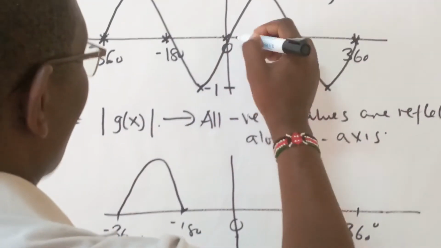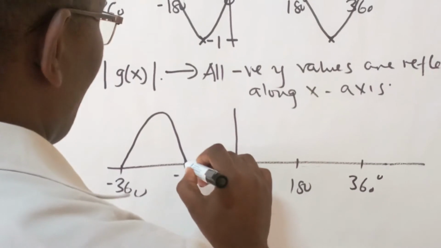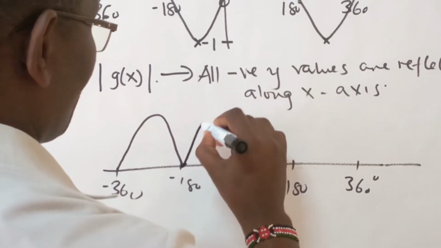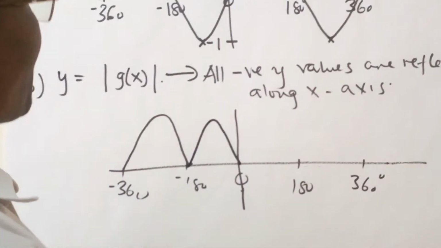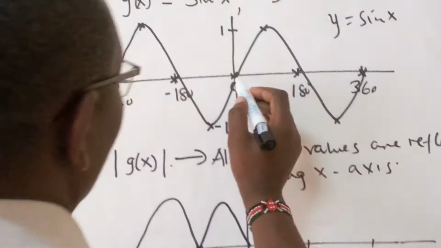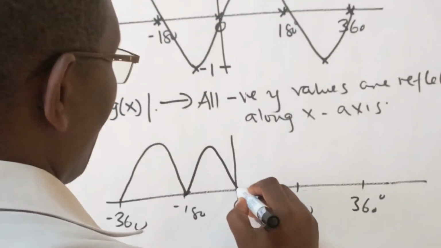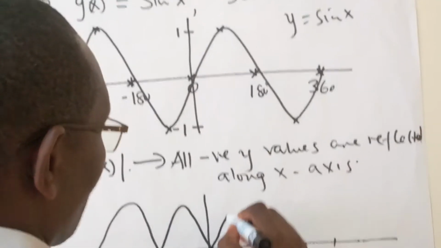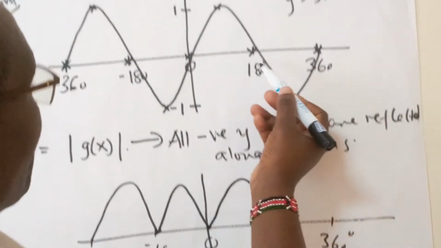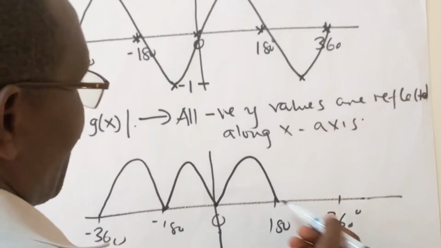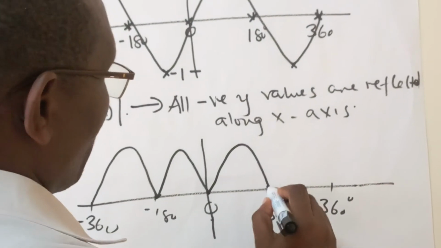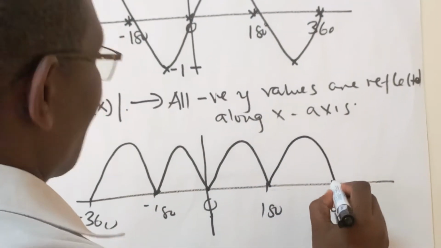So this part, of course, gets to that part. That's a reflection. Again, from 0 to 180, comfortably, the values of y are positive, so they remain positive. But between 180 and 360, they were negative, and we need to reflect them along the x-axis.